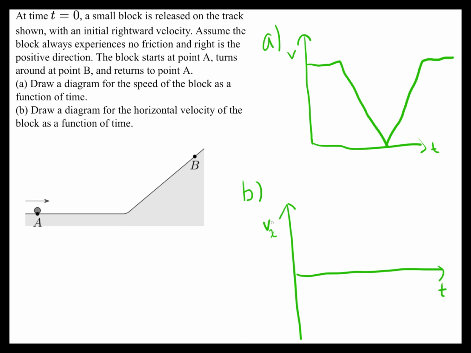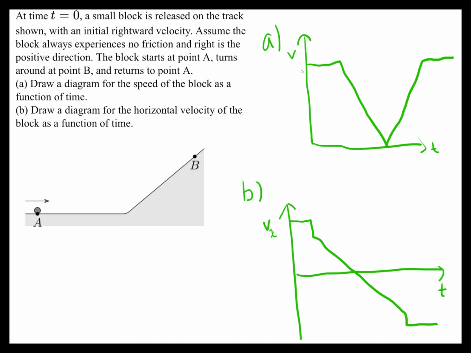The line might be a little too long if I draw like that. So it's going to suddenly dip down, and then it's going to keep decreasing, and it reaches 0 at the turning point B. And then it's going to continue on, and start increasing and suddenly increase as it reaches the bottom of the ramp. So it might look something like this.